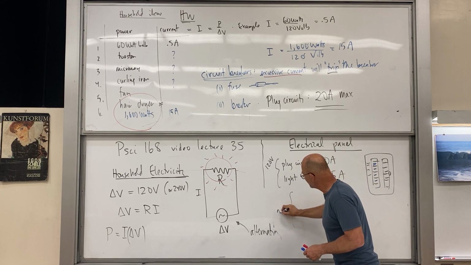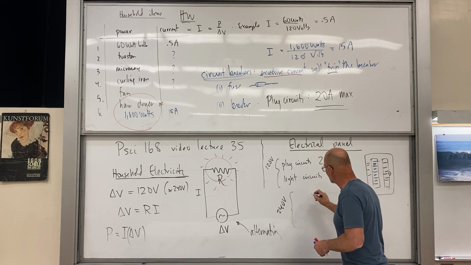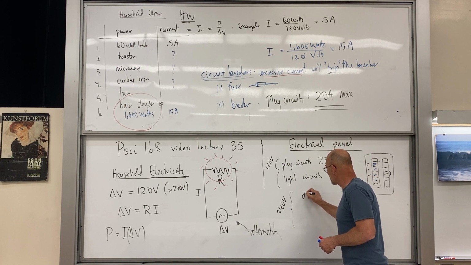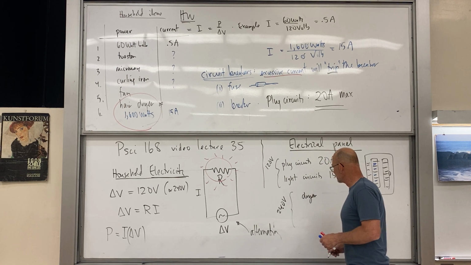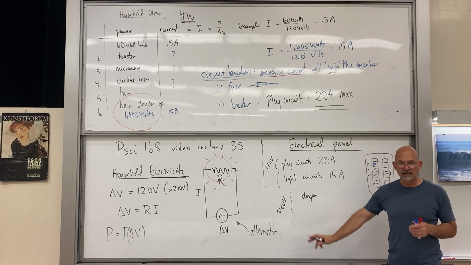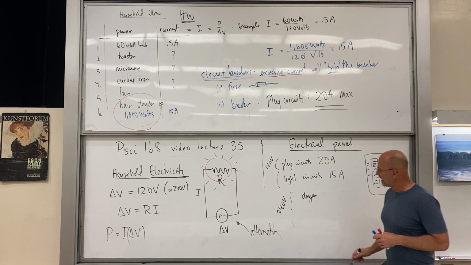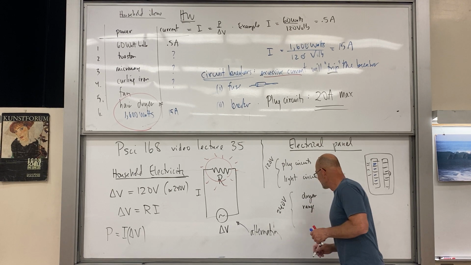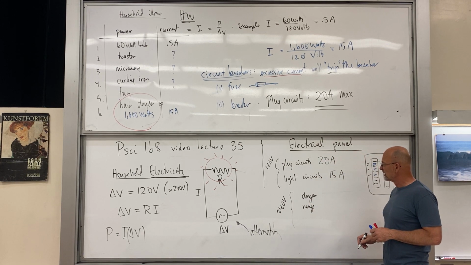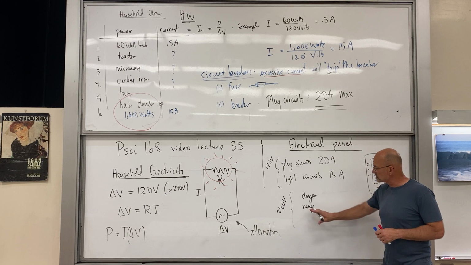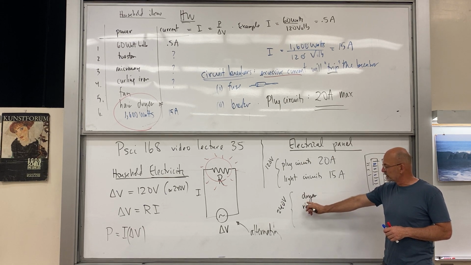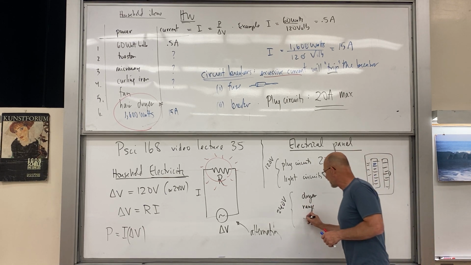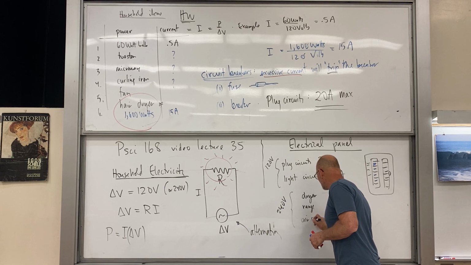Then you're going to have 240 volt circuits. The dryer will probably be 240 volts if it's an electric dryer. Most of the kitchen appliances will be 120, but the range will be 240. Air conditioner will be 240.